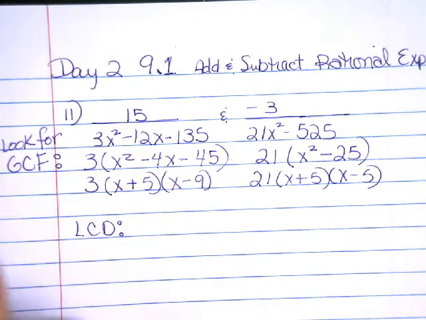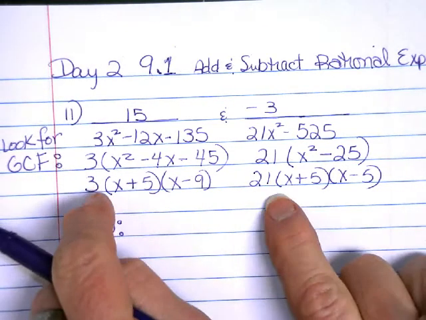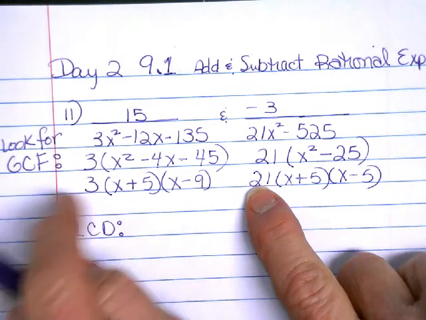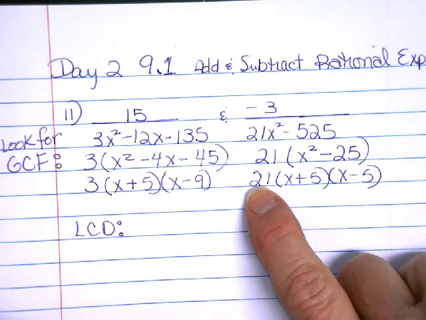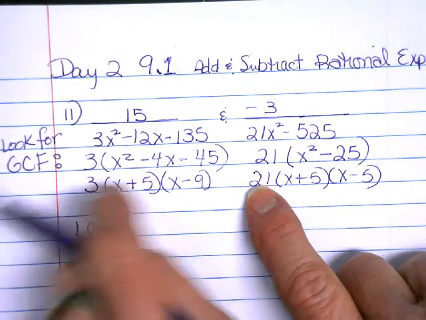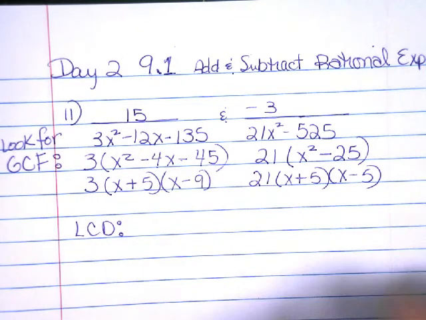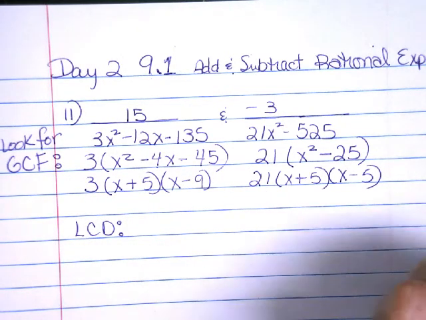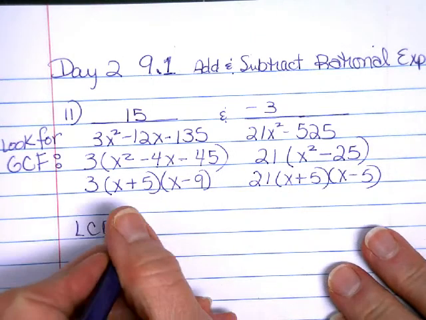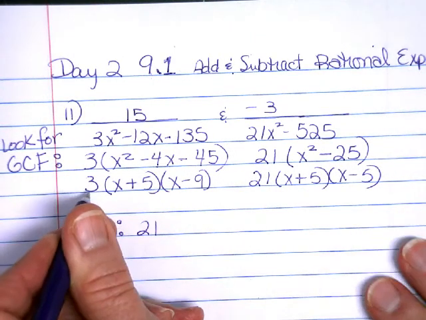Great example of factoring. Now, do you see how 3 and 21, the other numbers, the constant factors before, never had anything in common. But 3 and 21, 3 goes into 21. So the smallest number that 21 can go into is 21.